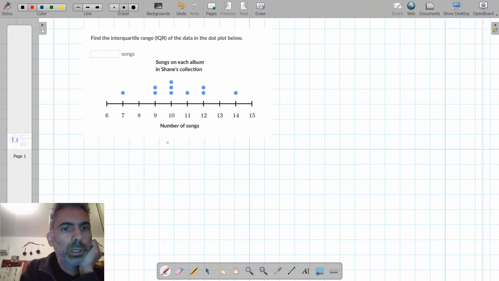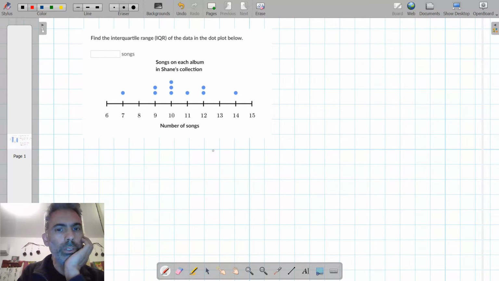Okay, so this album has 7 songs. She has 2 albums with 9 songs, 3 albums with 10 songs, and so on. We need to find the interquartile range in the dot plot. So first we need to order the data from least to greatest.